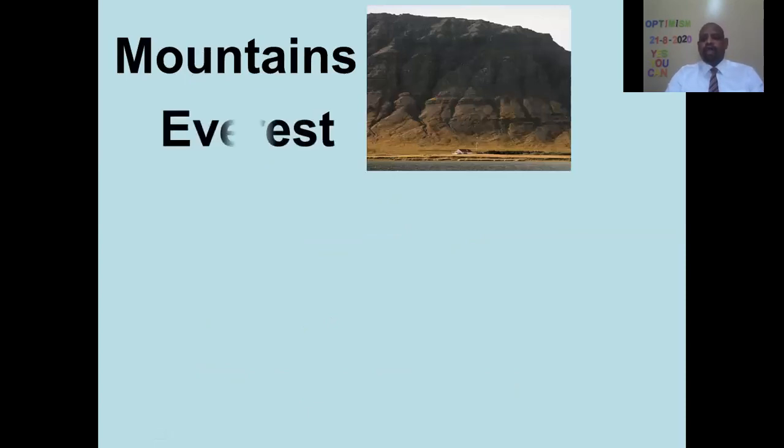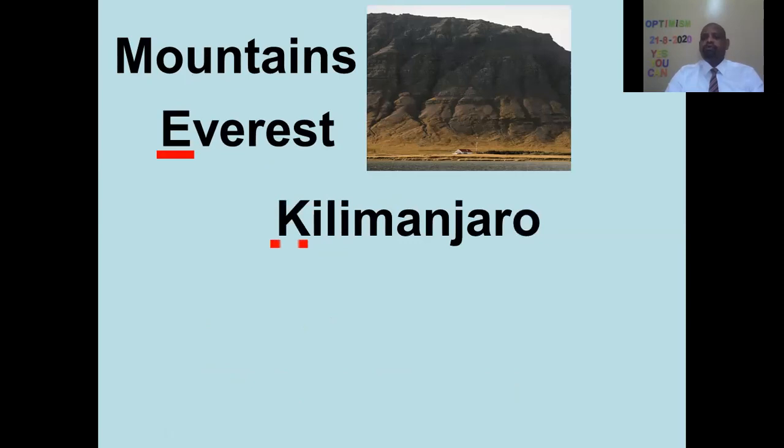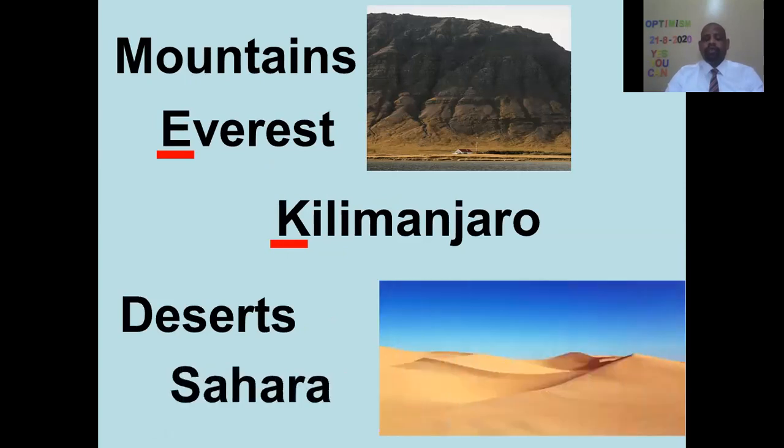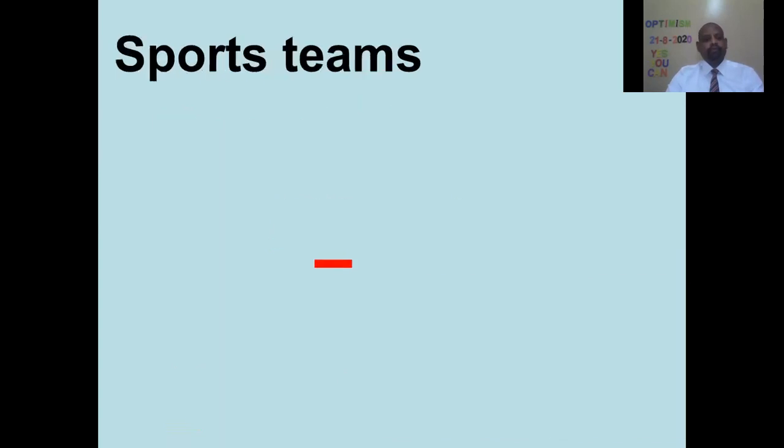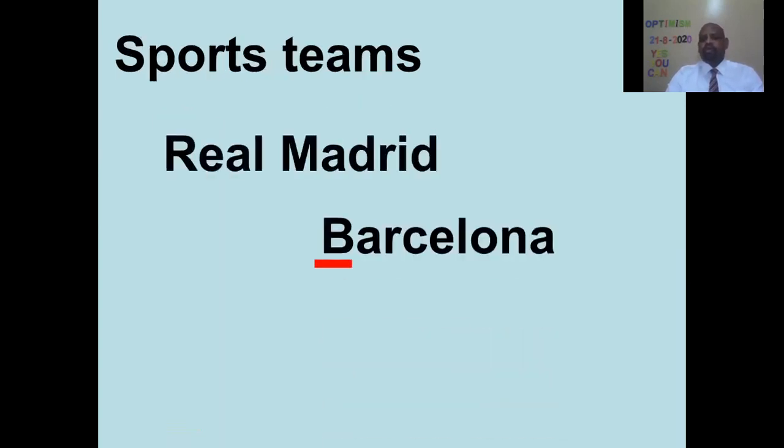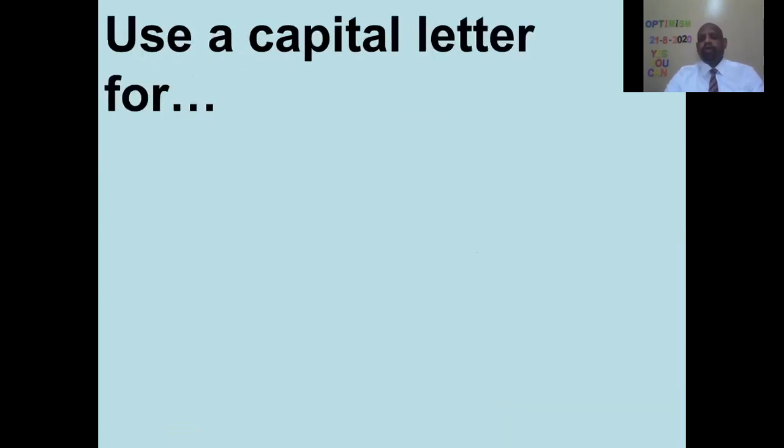Mountain names like Mount Everest, capital E, Kilimanjaro, capital K. Deserts, capital, Sahara Desert, capital S. Sports teams like Real Madrid, capital R, capital M, and Barcelona, capital B.